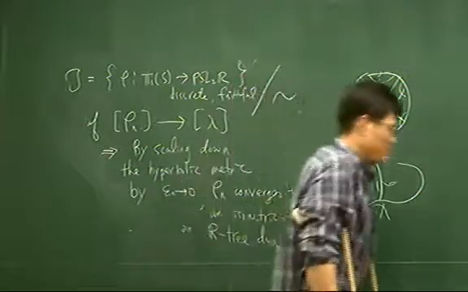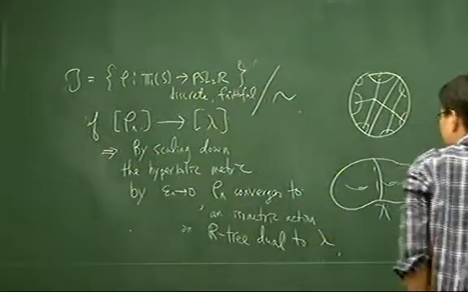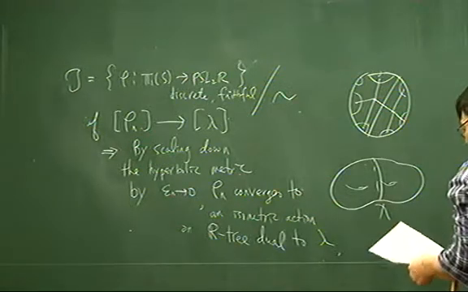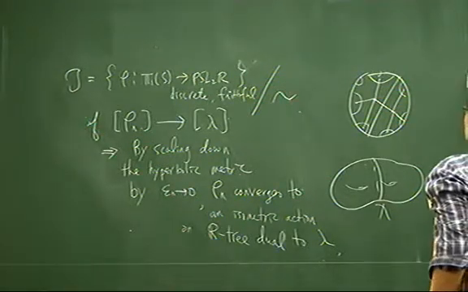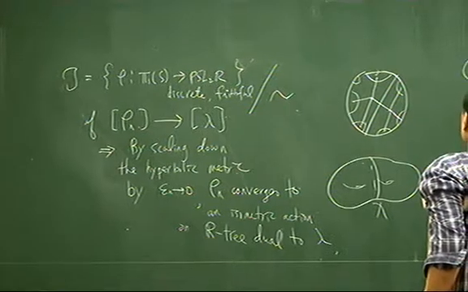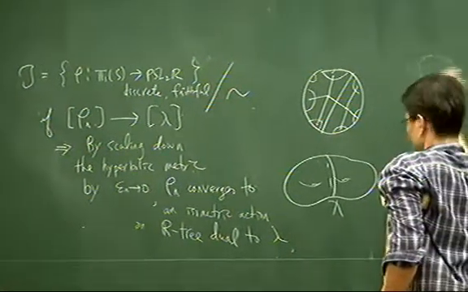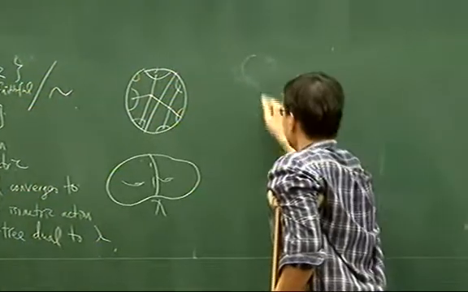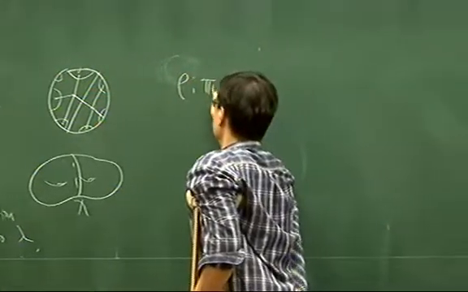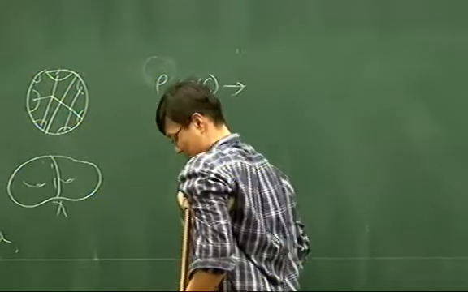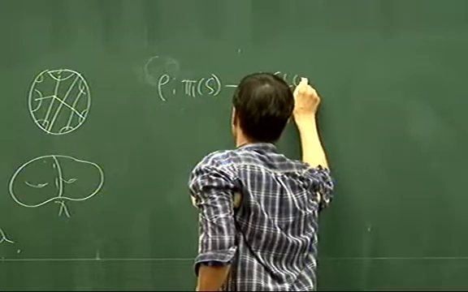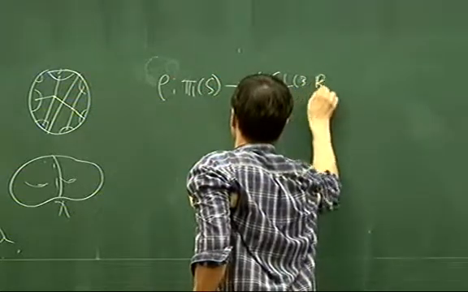So because we are dealing with surfaces, we are dealing with convex structures in some omega, let's say, in PGL3R.